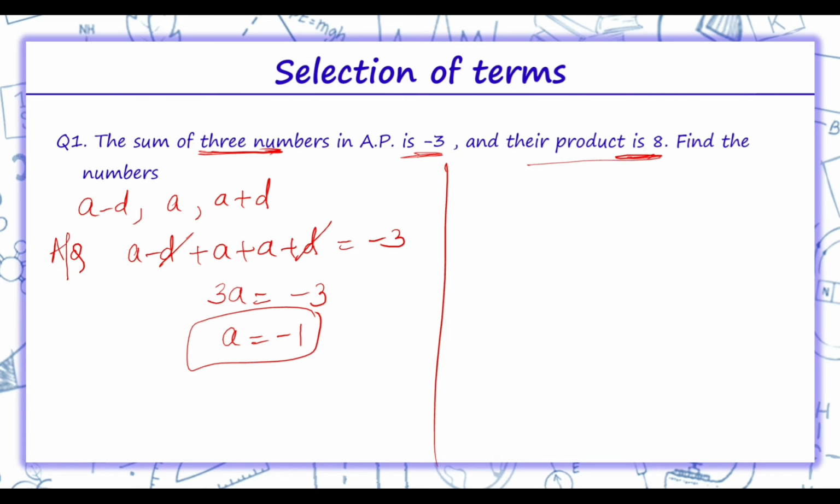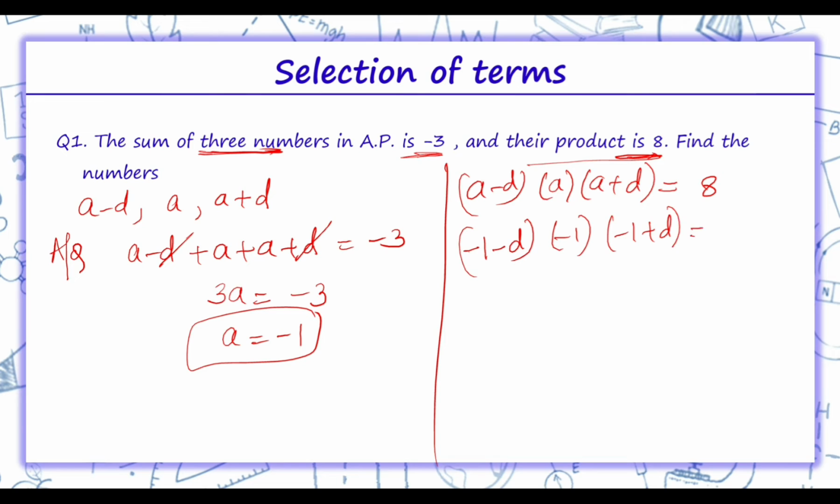Now their product, that is a minus d into a into a plus d, is 8. So in place of a we will write minus 1 minus d, minus 1, minus 1 plus d. This is a. So we will shift this to that side.